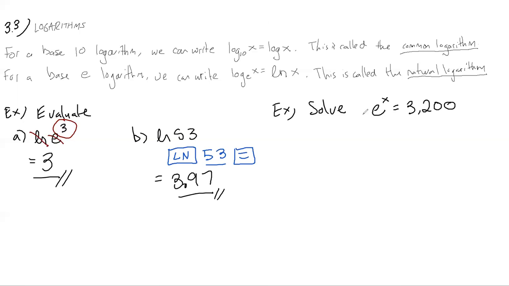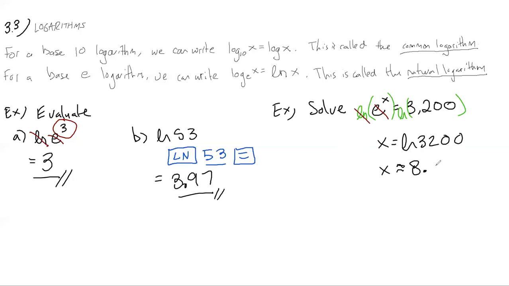I can cancel that with an ln on the left, and anything I do to the left side, I have to also do to the right side. Those are going to cancel, and then the left side is x equals ln of 3200. This is the exact equation that you would have gotten from that equation reconstruction formula I had shown you before. So x is ln 3200, and I punch that in the calculator, and I get 8.07.